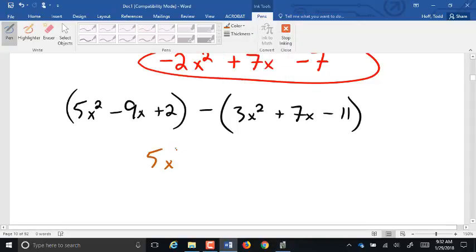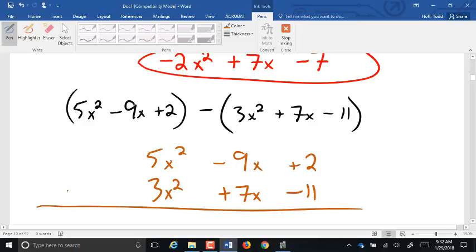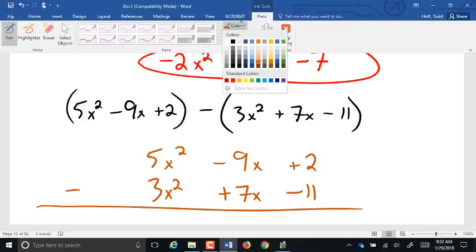We've got our 5x squared minus 9x plus 2. We're going to put the x squareds under the x squared, so 3x squared goes under 5x squared. The 7x will go under the negative 9x, and the negative 11 ones will go under the positive 2 ones. And we have to remember we're subtracting down the columns.